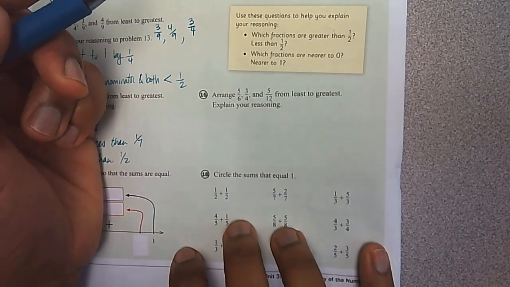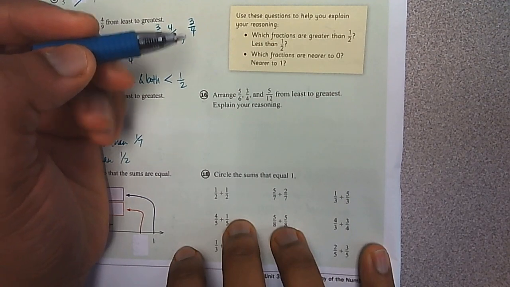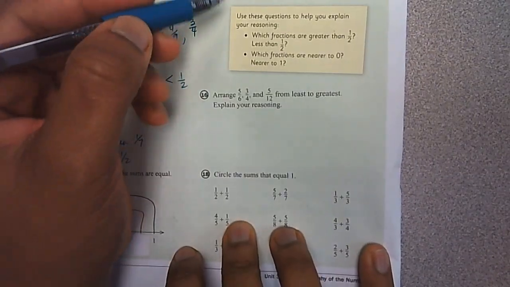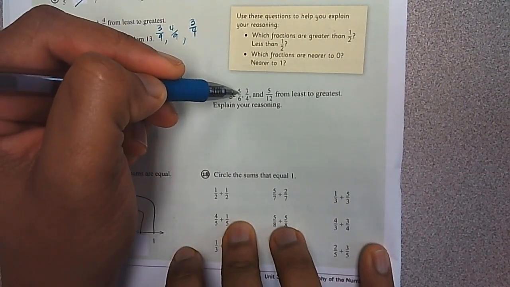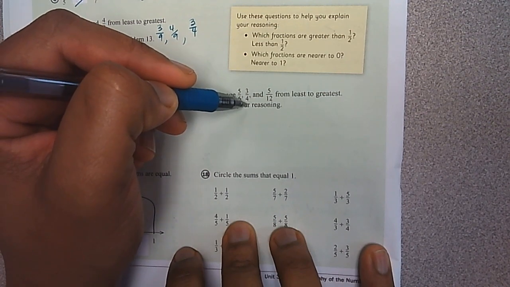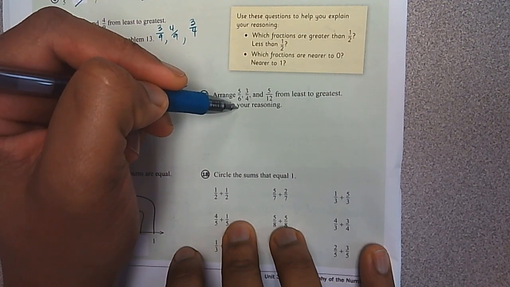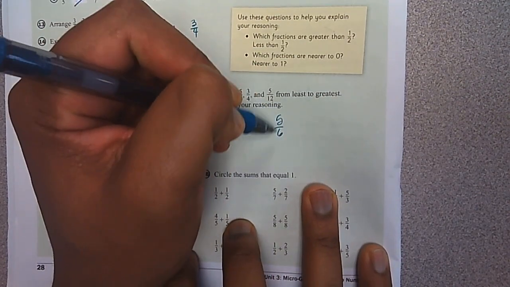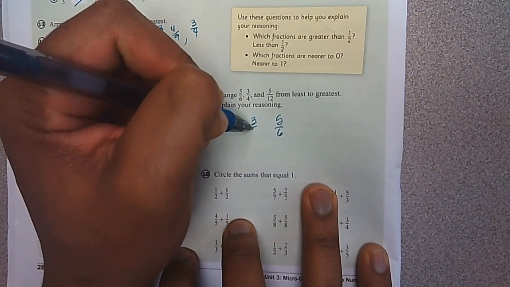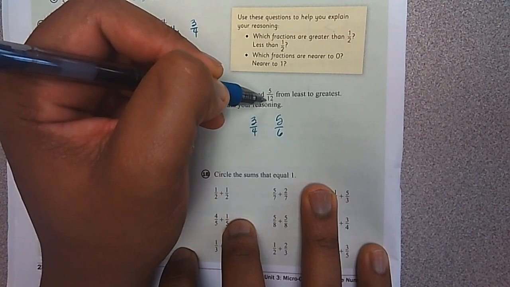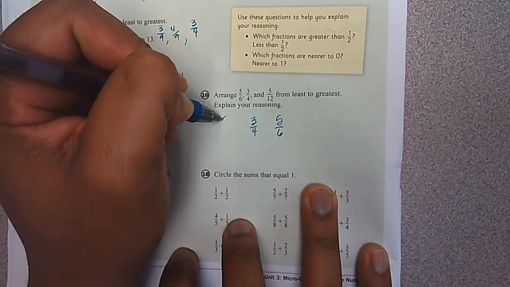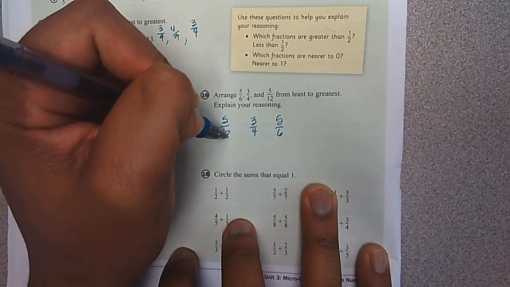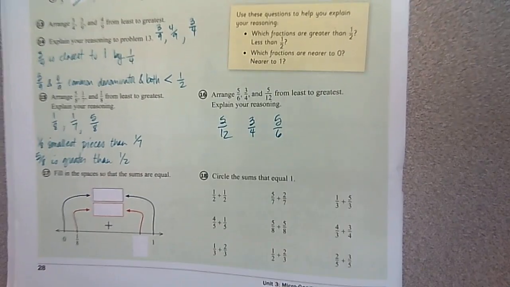All right. Arrange. So that's pretty close to 1. That's pretty close to 1. But this is 1/6 away, and that's 1/4. So 5/6 is going to be greater than 3/4. And then half of 12 is 6, so that's less than half. But those two are more than half.